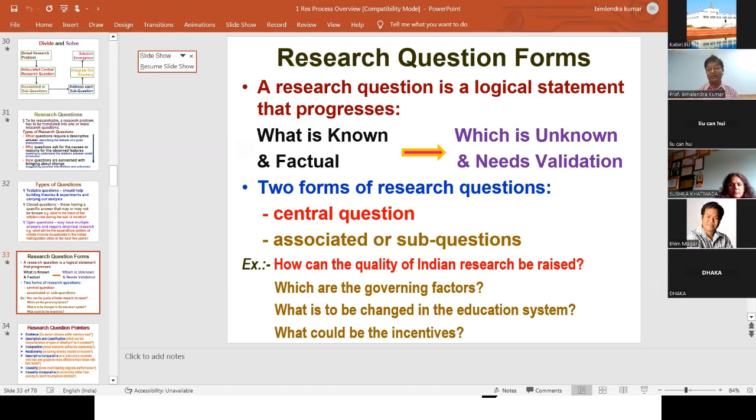Sub questions can be framed like, which are the governing factors, which government agencies like UGC, ICHR, ICSSR, Ministry of Education are making policy decisions related with our education system, and how primary, secondary, and higher education teaching can be undertaken.